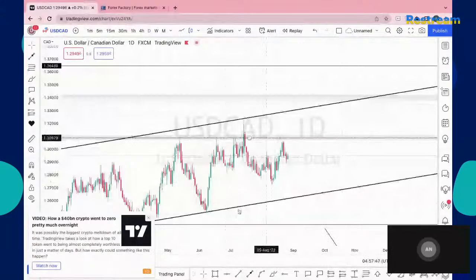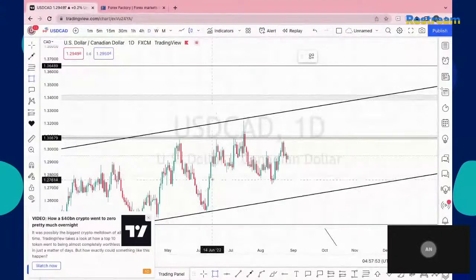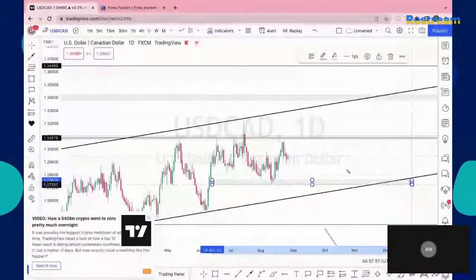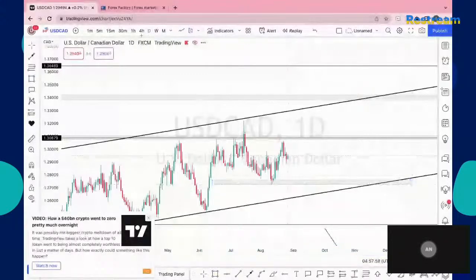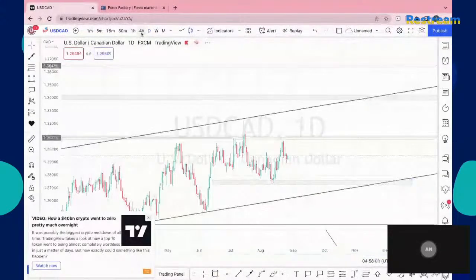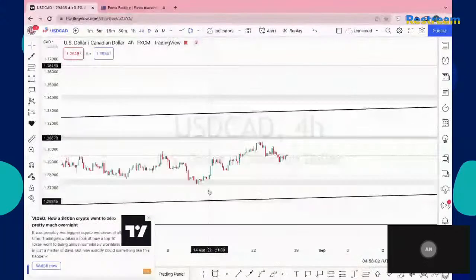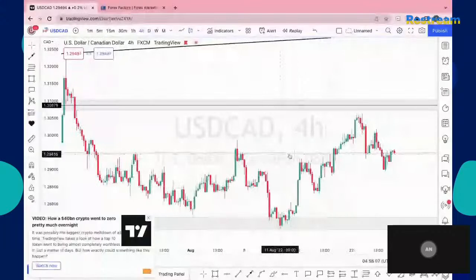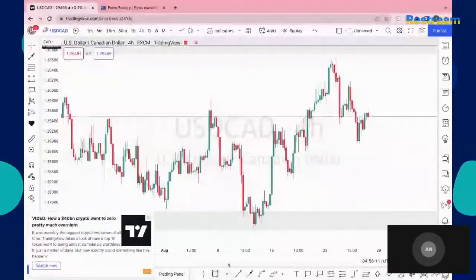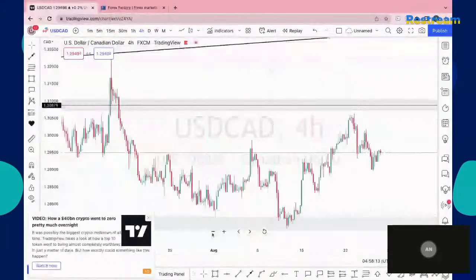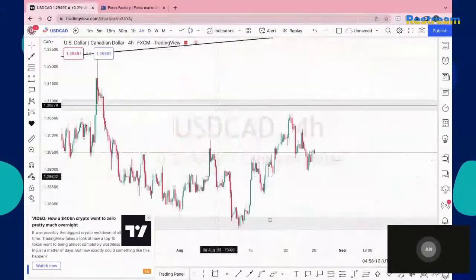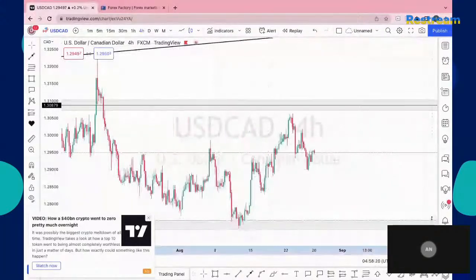Resistance, support. Take it down into 4 hour. So on the 4 hour, I say okay, cool. We do have this support here.